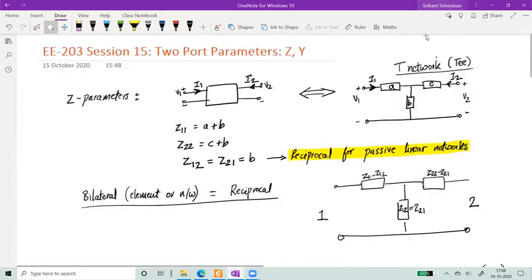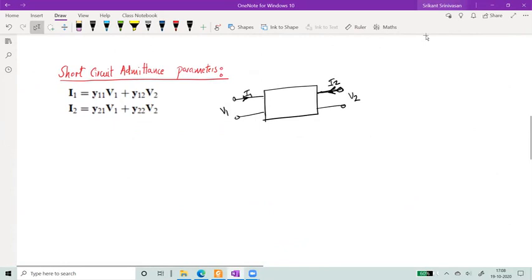So the subscripts 1 1 again relate to I1 connecting to V1, 1 2 relate to I1 connecting to V2, and so forth. In this case, if I want to calculate the individual parameters, then what would be the values?